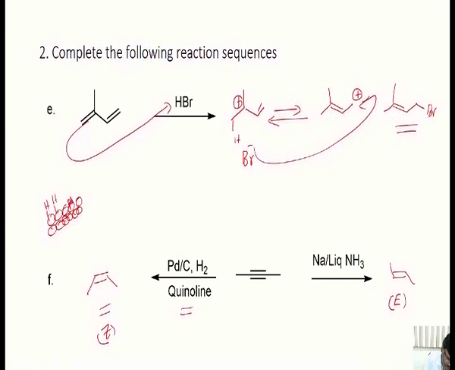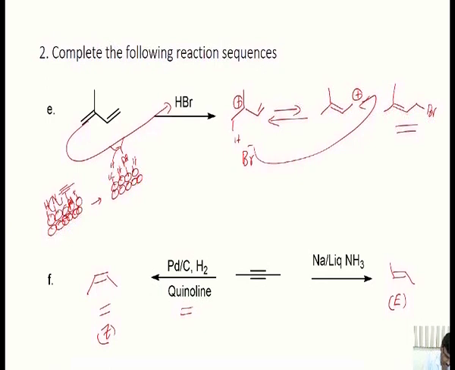Now let us look at the next example. This alkyne makes chelation with the palladium, then the hydrogen adds at the bottom face to give this intermediate.